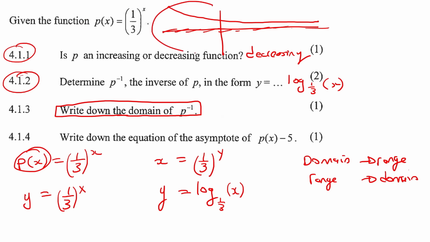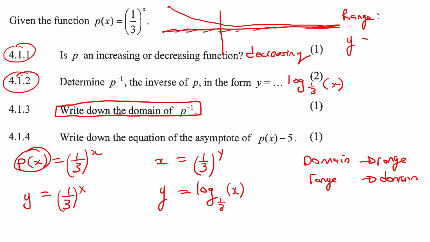So what is this graph's range? Well, range is the y values. So it would keep going down, down, down, down, down, and it would get very close to 0. So the range would be that the y value must be larger than 0. So we'd say y is bigger than 0. If you prefer interval, you would say 0 up to infinity.